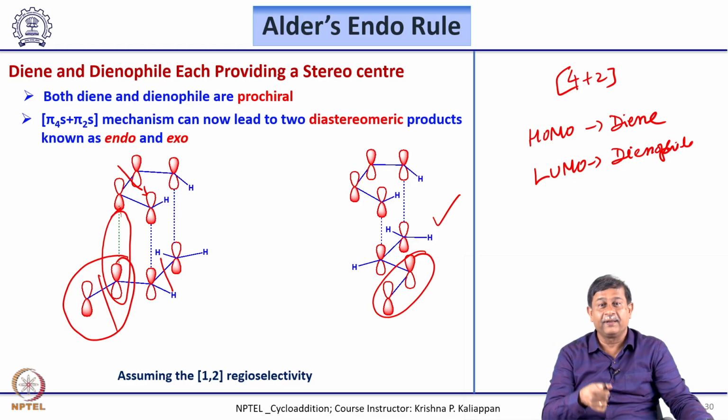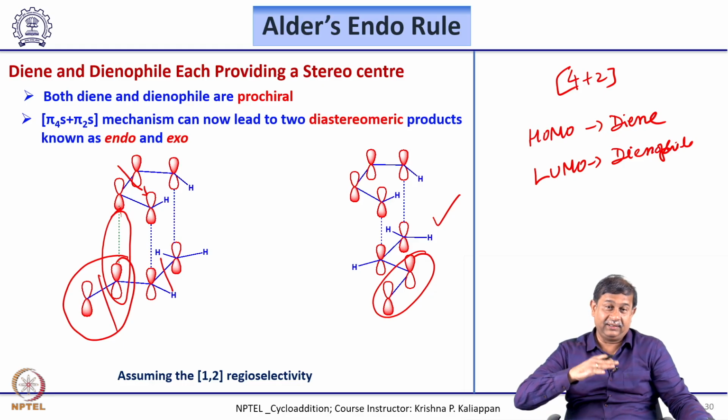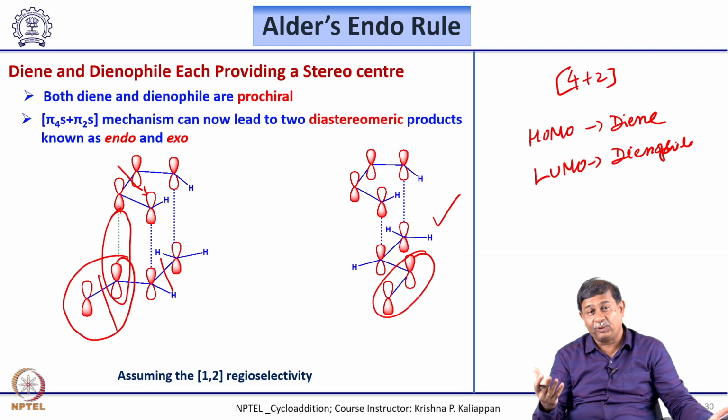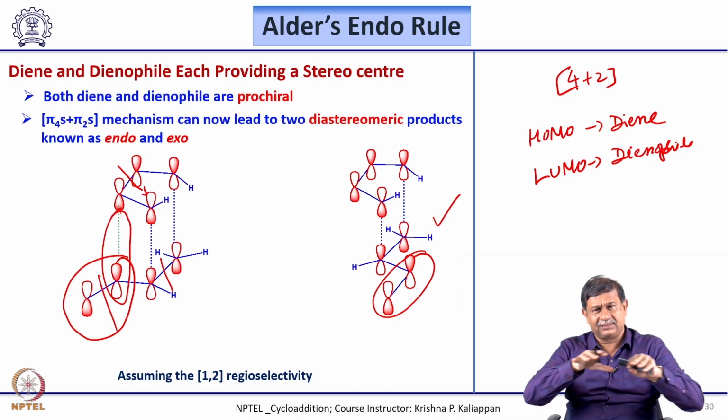So that is why the exo product is a minor product, and the exo product can be the major product only in the case of very high temperature. Why do you get the exo product at very high temperature? The exo product is thermodynamically more stable. When you have a mixture of endo and exo, it is a reversible reaction.